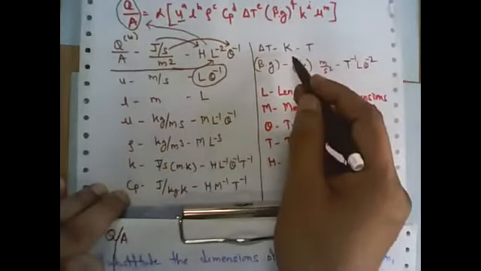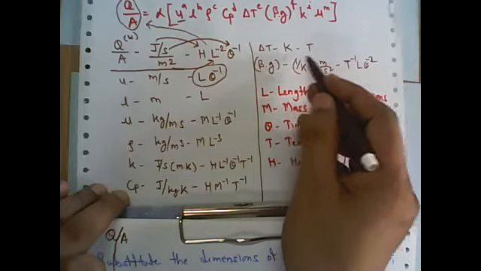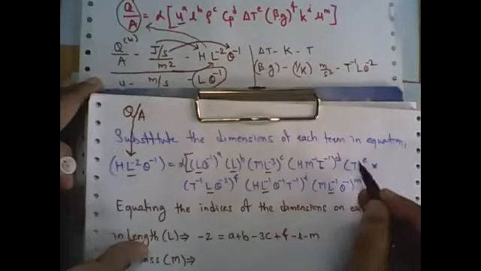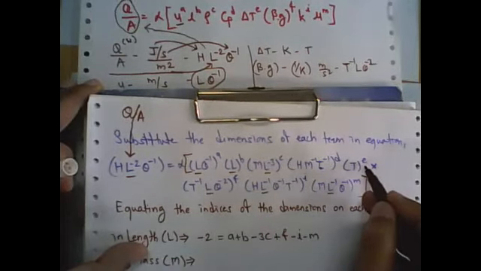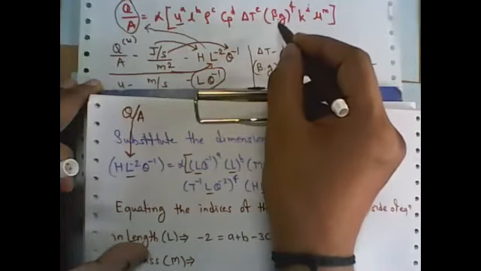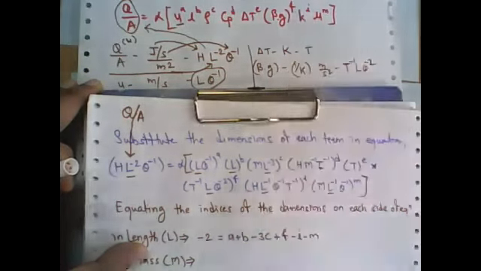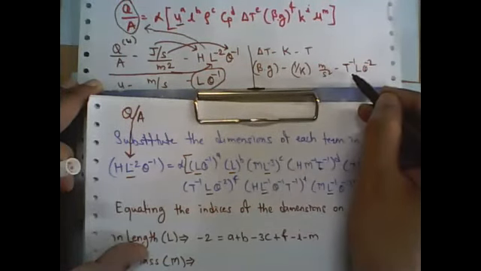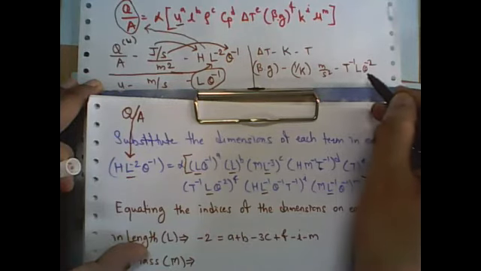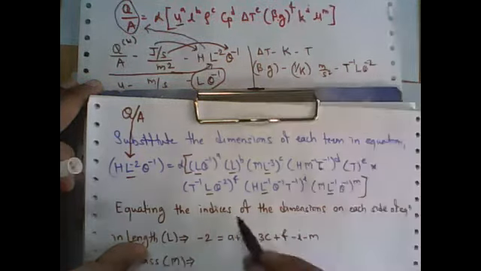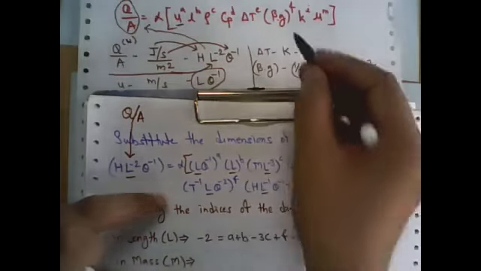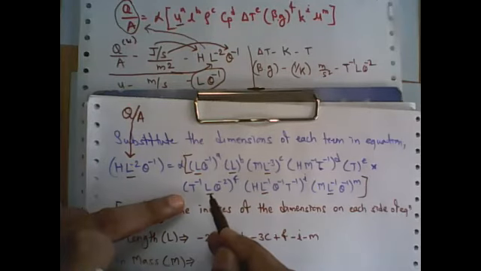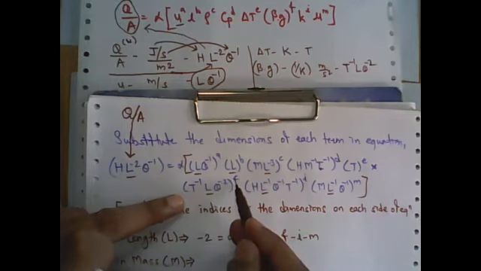So this delta T is nothing but Kelvin, that is T, so T raised to e, right? Then this bracket beta into g, raised to f. So this beta g in terms of T raised to minus 1, L theta raised to minus 2, bracket raised to f.